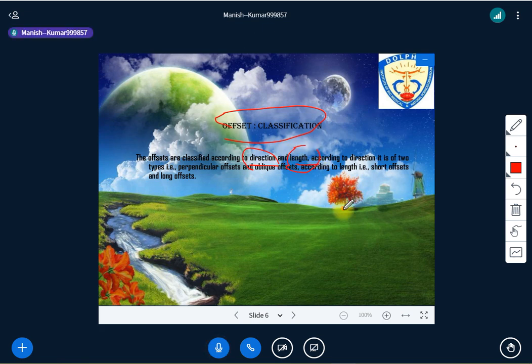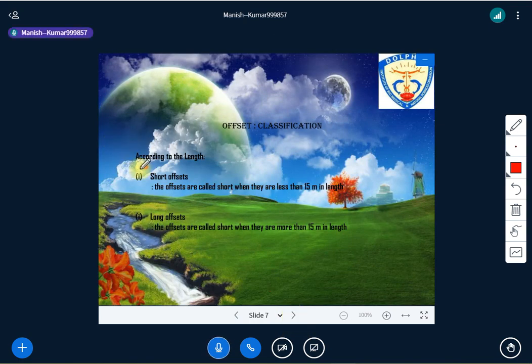So let me explain again what it means. On the basis of length, we have a short offset and a long offset. What is the condition given there?